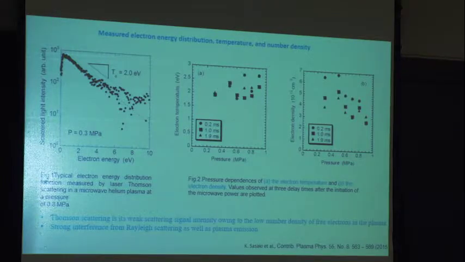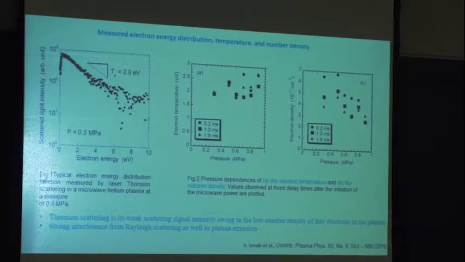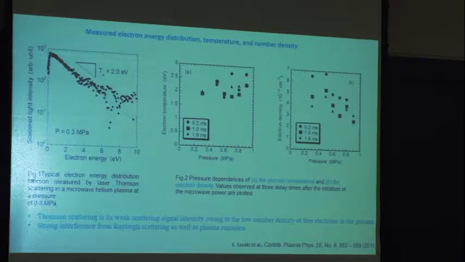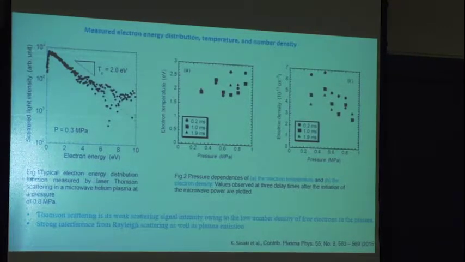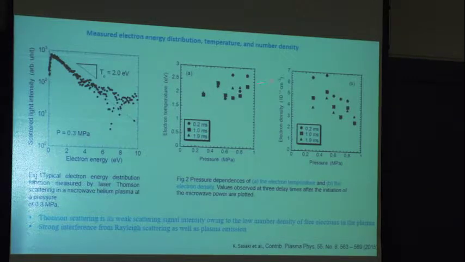When you have a higher pressure, the collisional quenching of the electrons should be very fast, so the electron temperature should decrease. I don't understand this figure. I don't know the uncertainty of the experimental measurement, but it seems to be slightly increased, or it does not change at all.